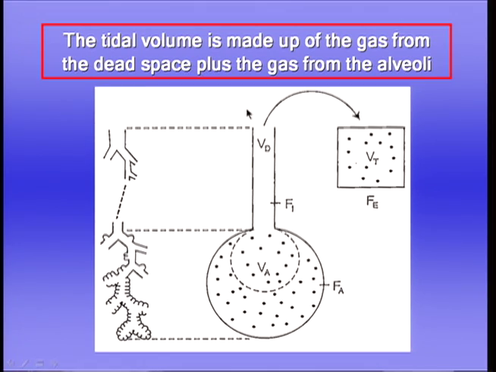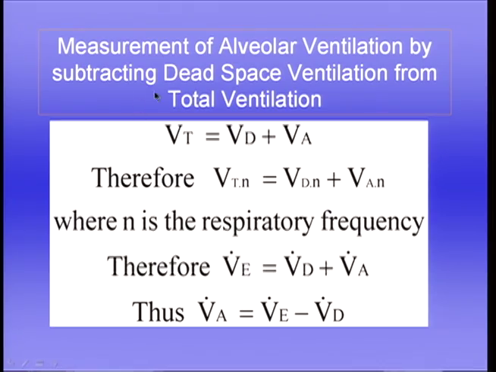Let's show how we can do that using symbols. Now tighten your seatbelt, because you haven't seen these symbols before, and initially they may be rather daunting, but they're not really. What we're showing here is the way we can measure alveolar ventilation by subtracting the dead space ventilation from the total ventilation.